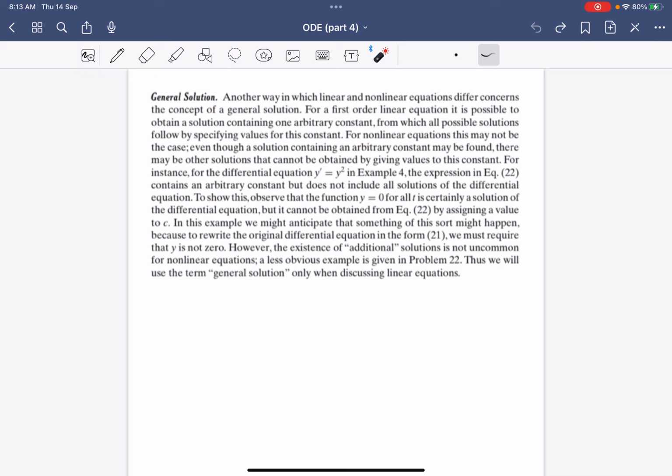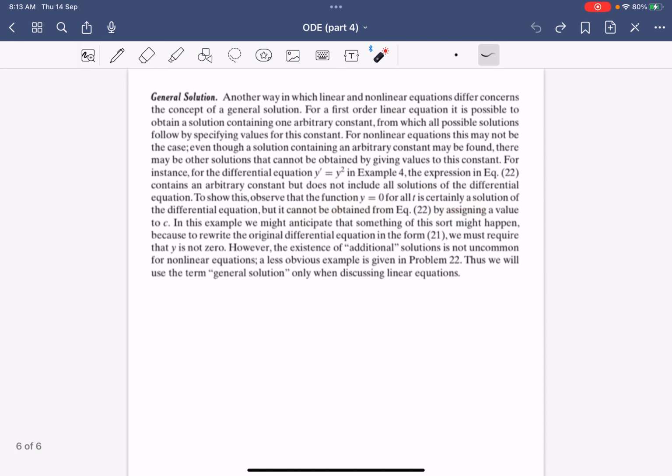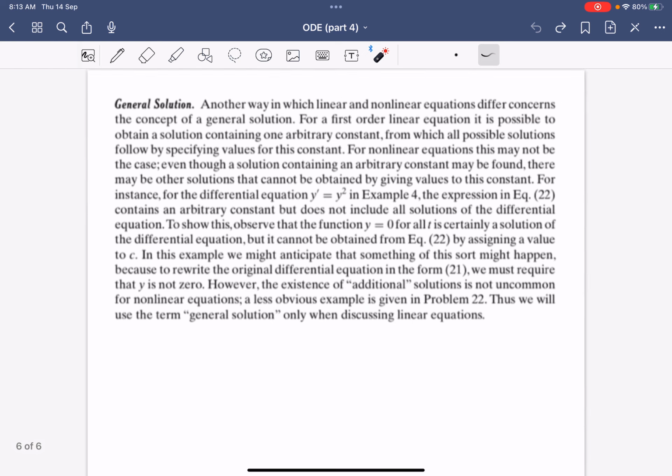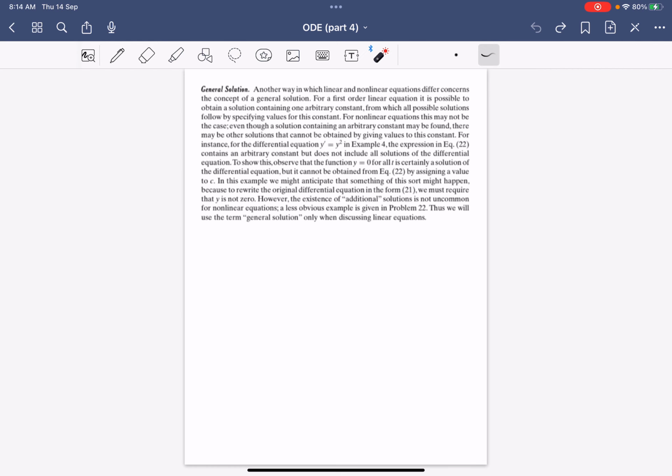We can see that from the example where dy/dx equals y squared: the expression contains a constant but does not include all the solutions, because the function y equals 0 is certainly a solution but cannot be obtained by assigning any value to the constant. So we can see how non-linear and linear equations differ in the general solution aspect as well.